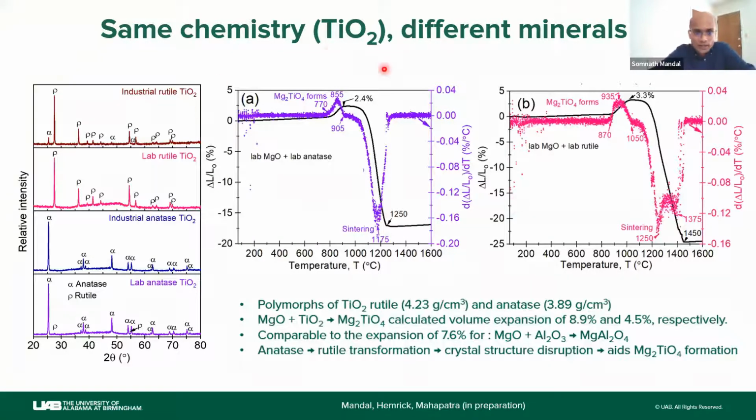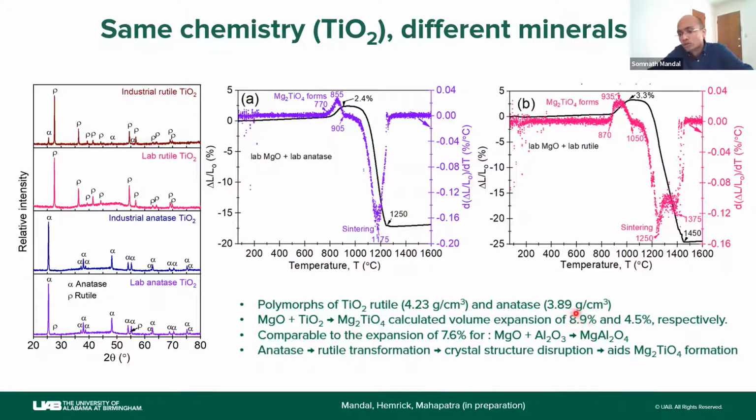So here we are comparing two titania sources. One is rutile, the other is anatase. Though they are in the same crystal system, they have different unit cell dimensions. That's why they have very different XRD patterns. So the big difference between rutile and anatase is that rutile is denser than anatase. So during this reaction, MgO plus TiO2 equals Mg2TiO4, the rutile phase, since it is denser, leads to higher volume expansion due to the density difference between them.